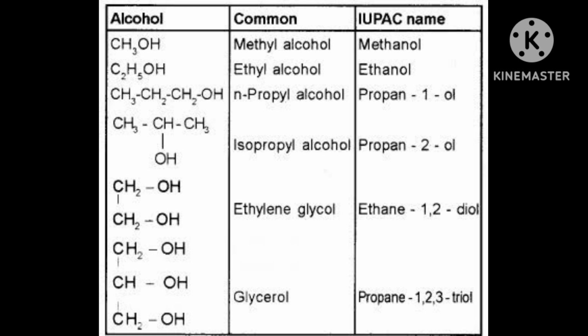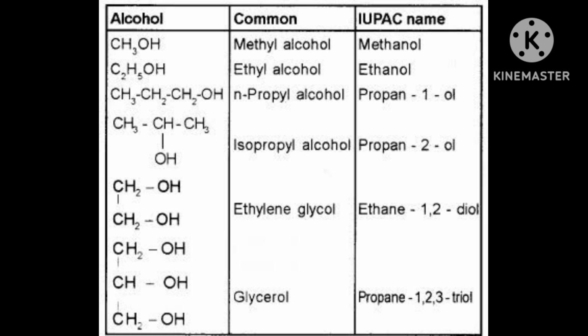And what will be the IUPAC name? Now it will again be propane, you have to remove the e and write propane, but here carbon number 2 has OH. Then it will be propane 2-ol. Propane 2-ol.